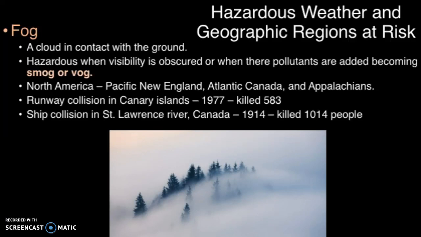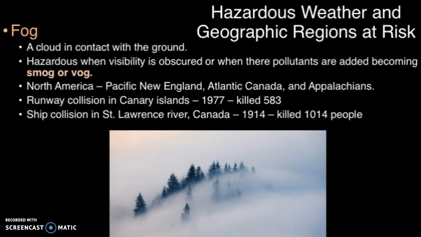And this is not necessarily because you lose sight or anything, but because a lot of accidents can happen during this time. So in North America, the most common places where you have fog are the Pacific, New England, Atlantic Canada, and the Appalachians. It can also happen in the Pacific Northwest, in Washington and Oregon, a little bit in California, but not as much. A few examples of accidents are the runway collision in the Canary Islands in 1977.